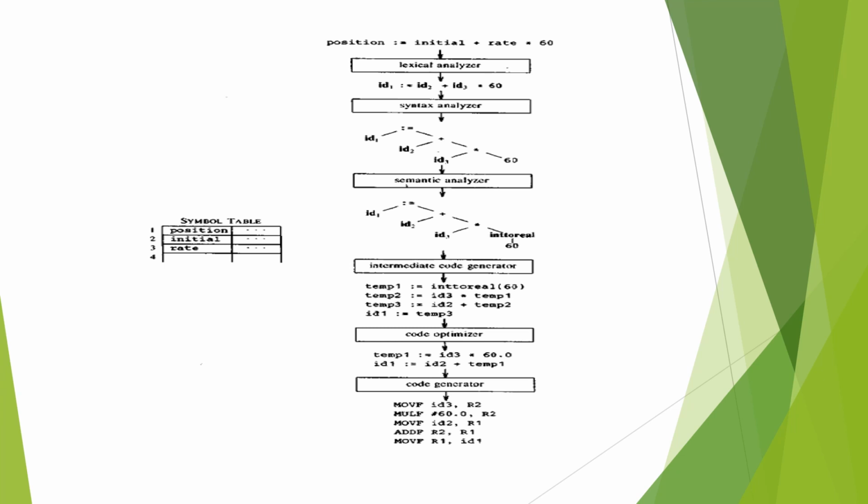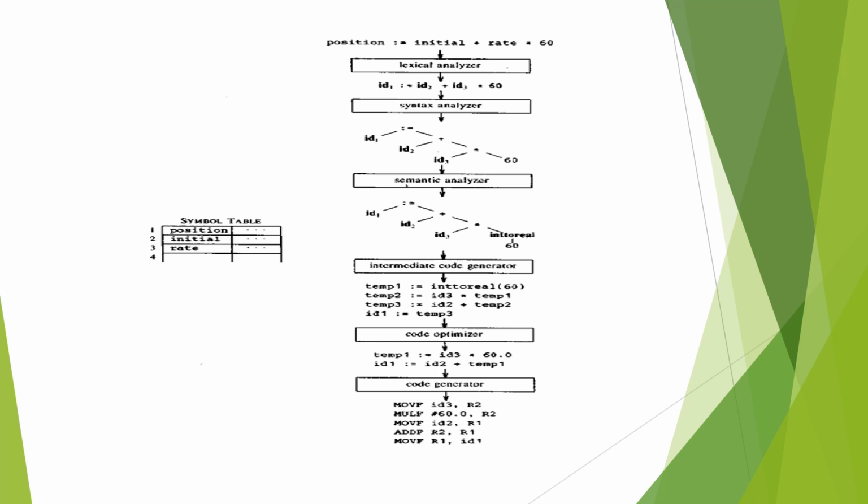Then in the second, you see id3 here, left of the star. So we have to do id3 star int. For that we write temporary variable 2 is equal to id3 star temporary variable 1, because we have moved this into real in temporary variable 1.